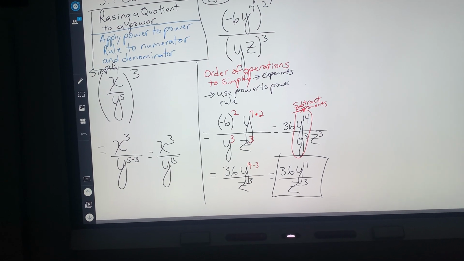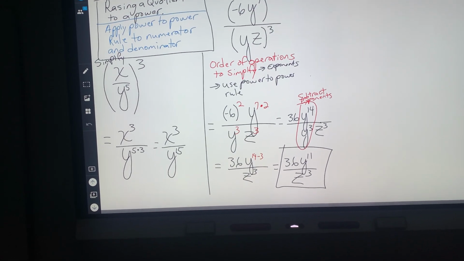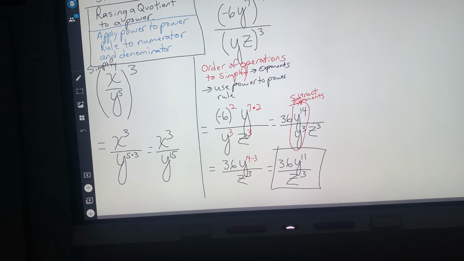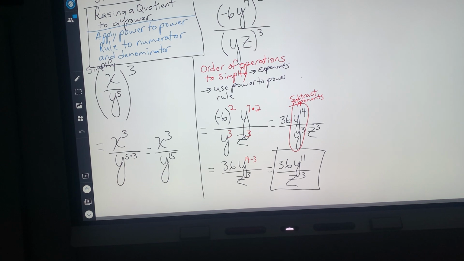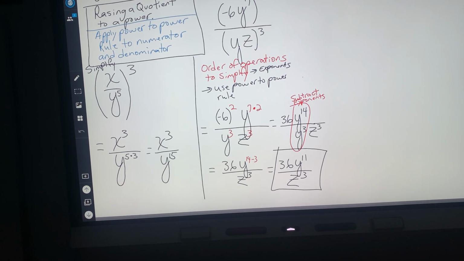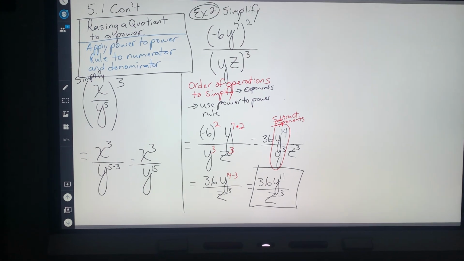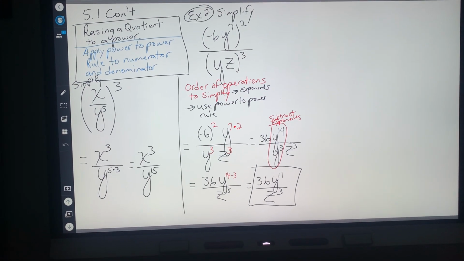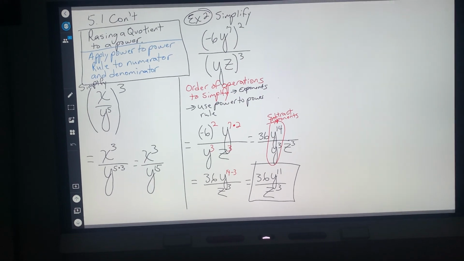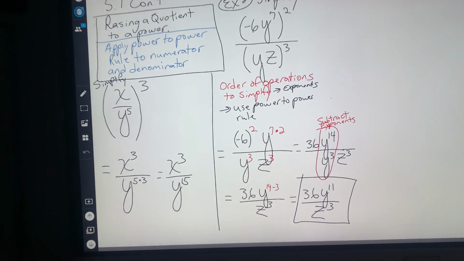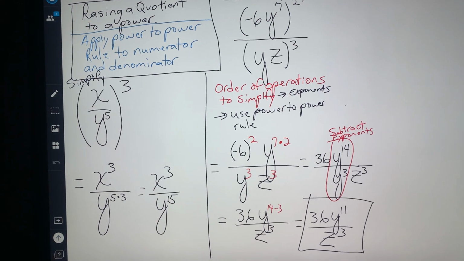So the negative 6 power will be squared, and then the y to the 7th power will be multiplied by the 2nd power, 7th power times the 2nd power. So it's a power to a power rule, and then in the denominator, the same thing happens. That 3rd power goes to both the y and the z.